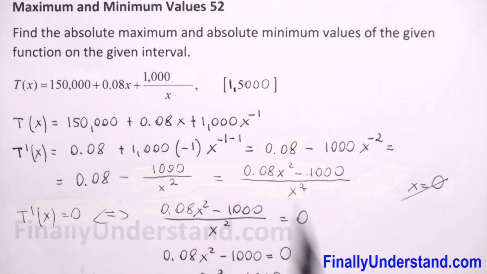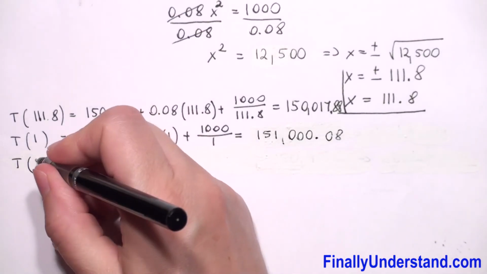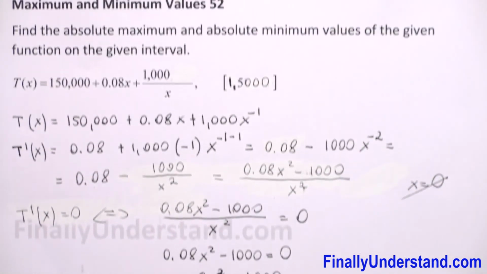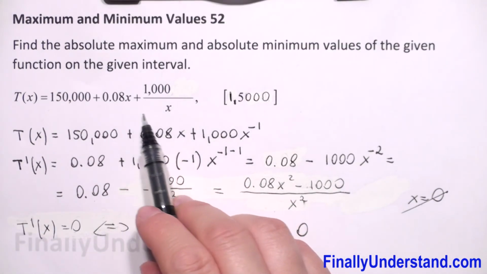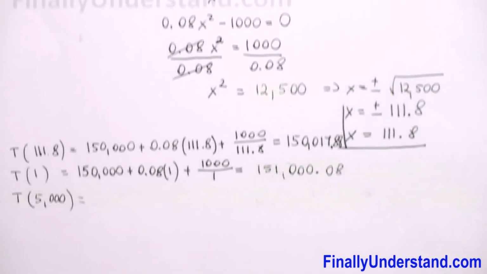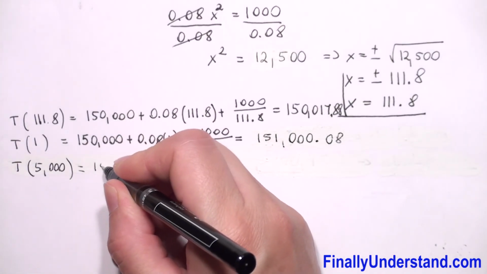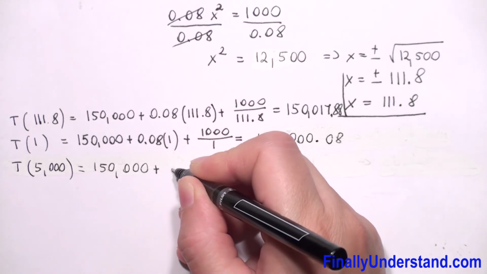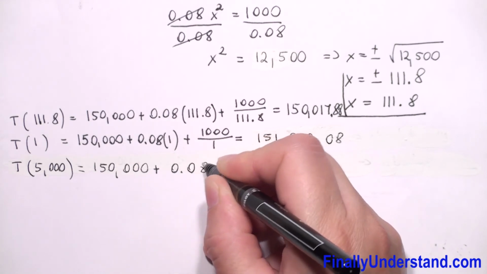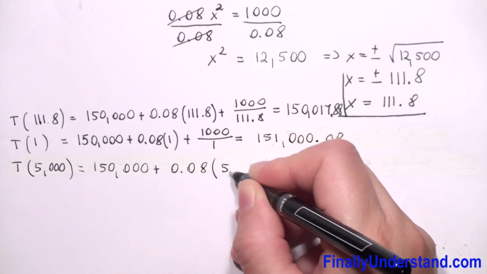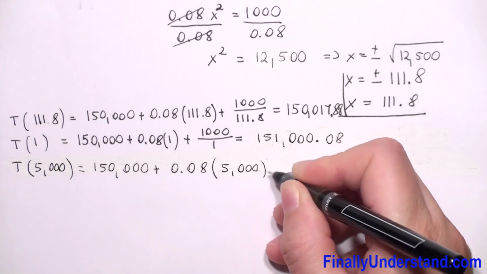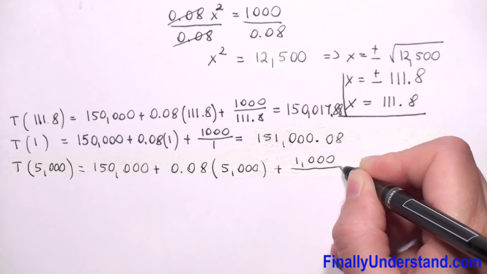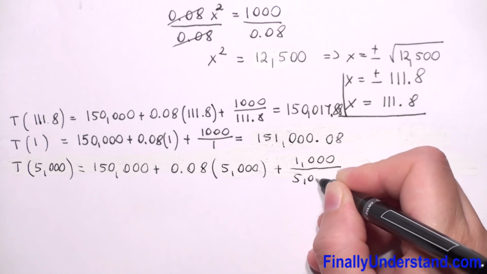Now we have to find the value of T of 5000. So it means we have to replace x's in our original equation by 5000. So we have 150,000 plus 0.08 times 5000 plus 1000 over 5000.